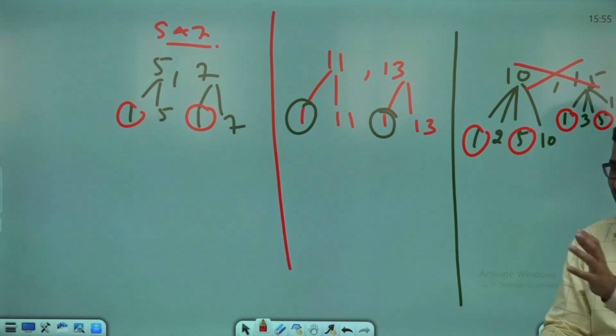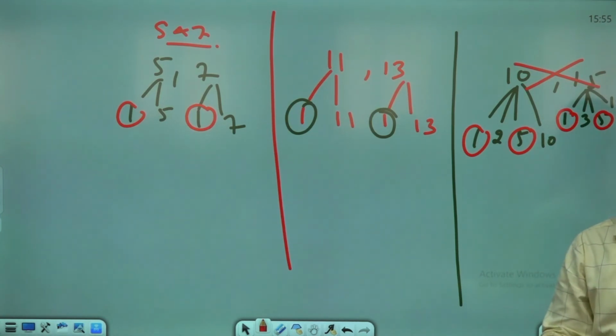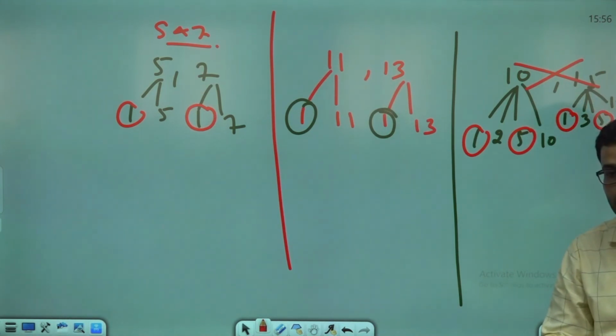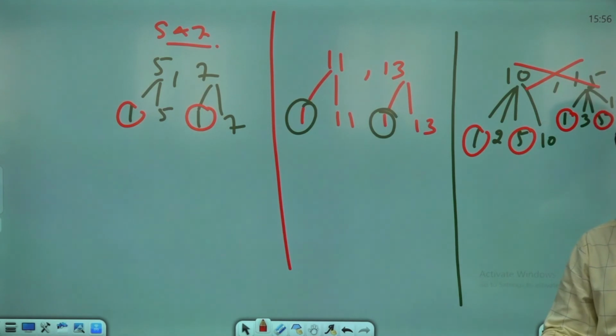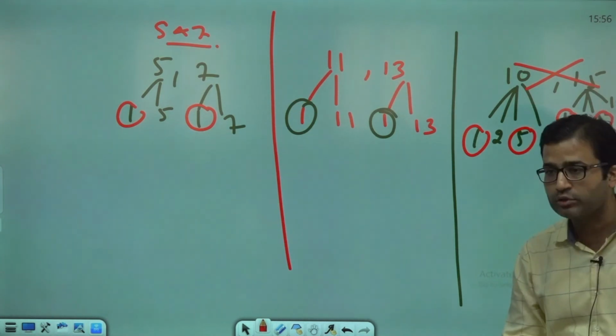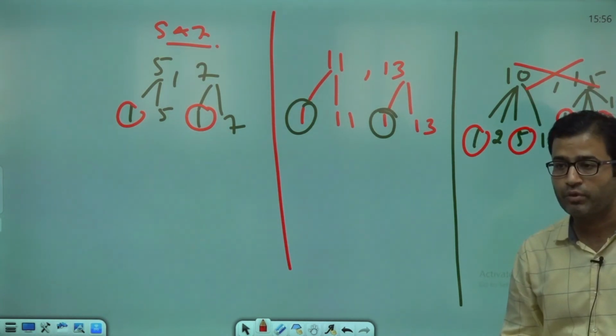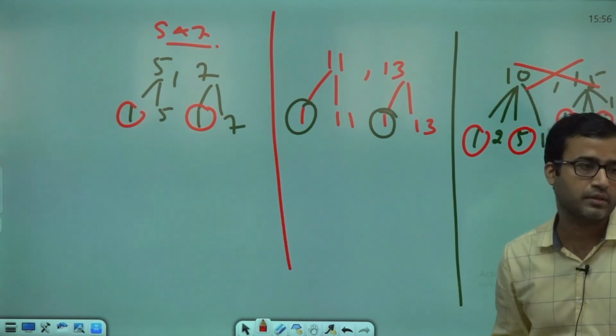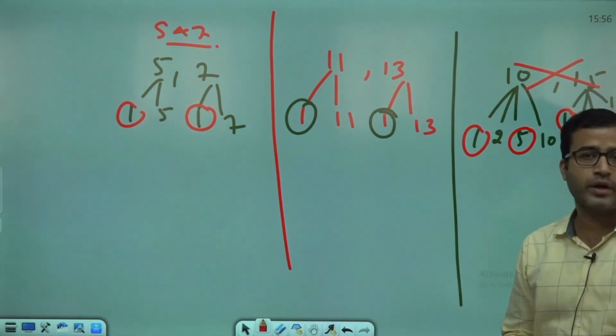Is anything going on in your mind? Any extra thing you want to add regarding co-prime? I will come to this point. Any other thing? Yes, 4 and 9 are also written. How come 4 and 9 are co-prime? I frame that point.